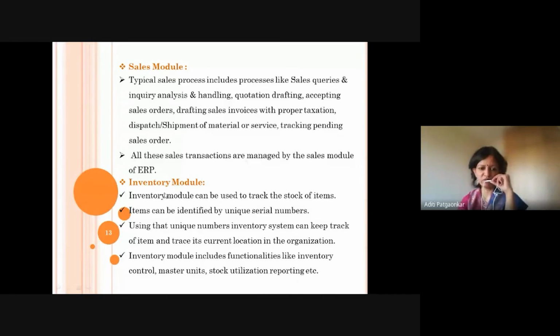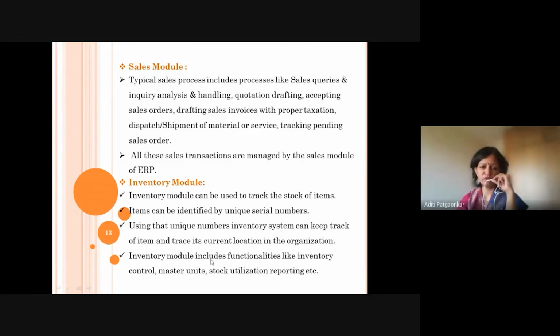Next we have inventory. Inventory is nothing but stock maintenance. It always tracks stock items and all the inventory details, godowns, warehouses, and the maintenance of stock balance. All these activities and the inventory reports are generally generated by the inventory module of ERP.